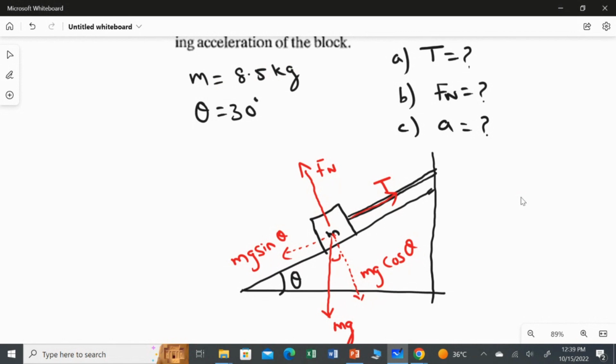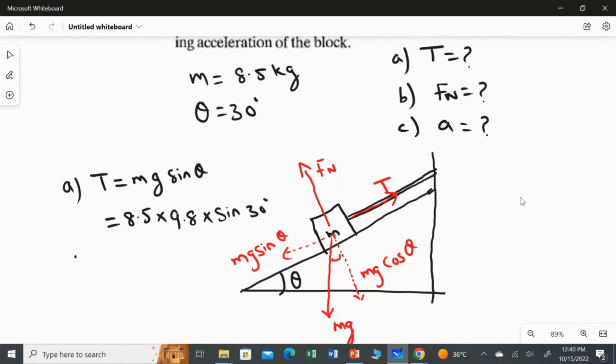First question, we are going to find the tension. The tension is on the right side and mg sine theta is on the left side, so T equals mg sine theta. What's the value of the mass? 8.5 multiplied by 9.8 multiplied by sine of 30 degrees gives the answer for the first part.